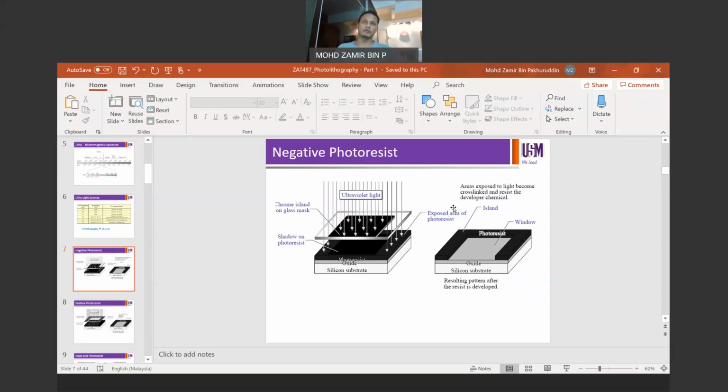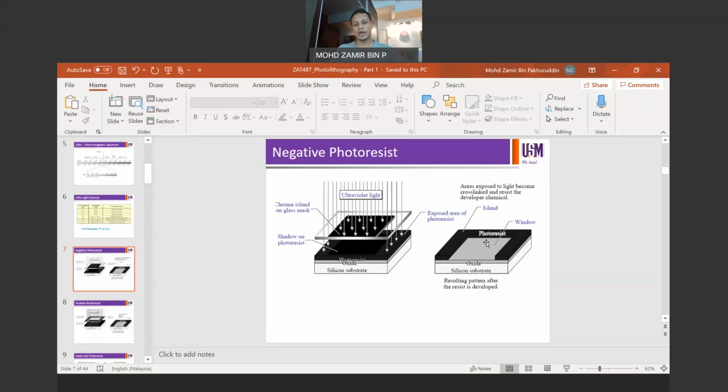So if you move your sample into the development process, it will remove some portion of the photoresist. In this case, the hardened photoresist on the edge will not be removed, but the central region resist, which did not have anything happen due to the blockage of the UV light by the reticle, will be removed by the development solution. Okay, so typically for the development solution, we use TMAH, or tetramethyl ammonium hydroxide.